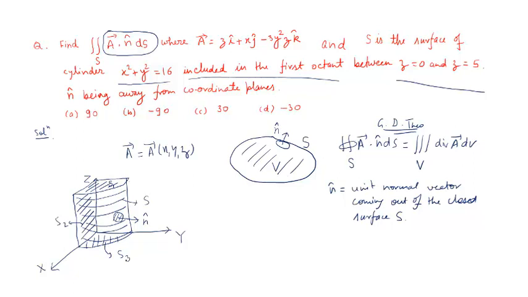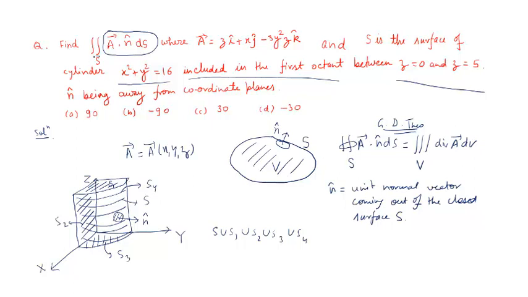Suppose this is S3, and at the back side, this one lying in the ZY plane, suppose it is S4. So S union S1 union S2 union S3 union S4, the combination of these surfaces, will make it a closed surface.